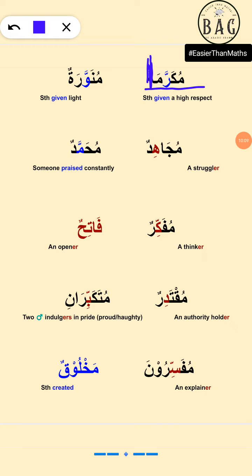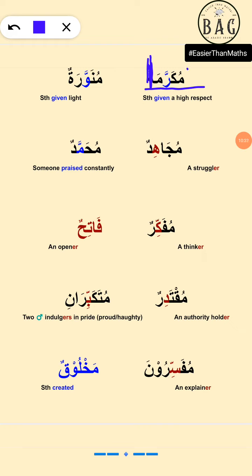So if I ask you to identify this as either an ism fa'il or ism maf'ul, what would your answer be? Just pause the screen for 5 seconds, study this word, and then tell me the answer. I hope that you labeled it as ism maf'ul. Why?